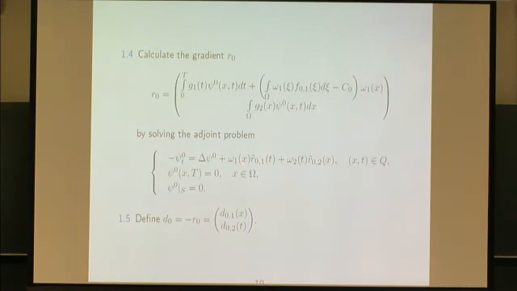Notice the weight terms omega 1 of x and omega 2 of t become present in the right hand side as a source term. And here they are just the components which are explicitly computable. And then we obtain the first direction of the search in the conjugate gradient method.